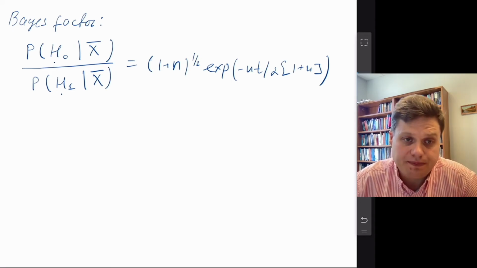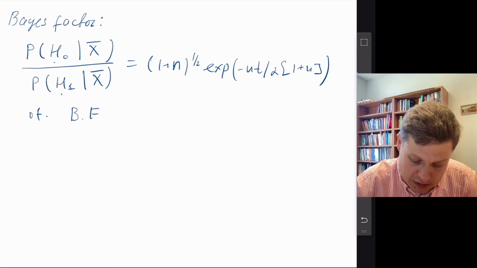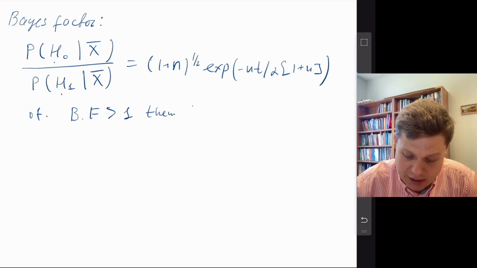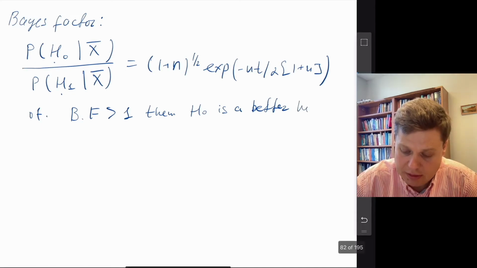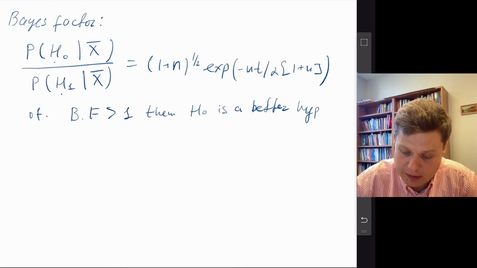And then we say if our Bayes factor is greater than 1, then it seems that H0 is a better hypothesis, meaning it explains the data better than hypothesis H1.